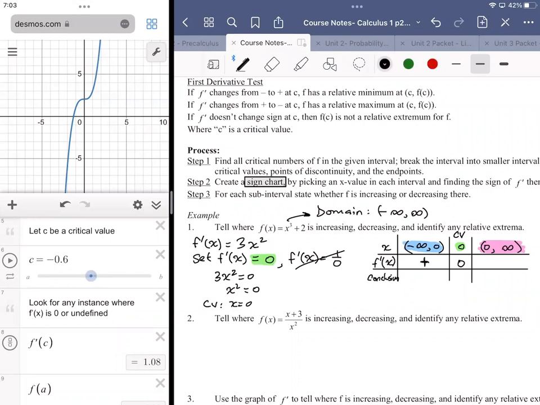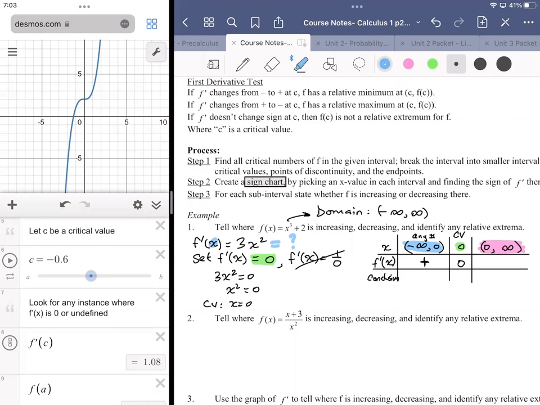If you don't want to use Desmos, then what you would do is choose any number from this set, plug it into the derivative function for x and see what you get as a result. Just take note of what the sign is of your answer, and that's what goes in your sign chart.